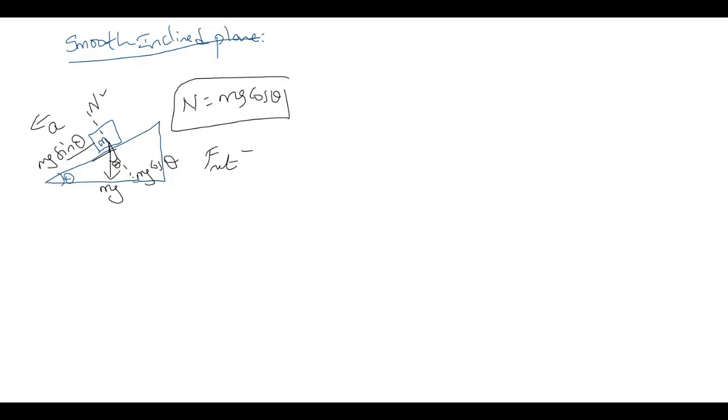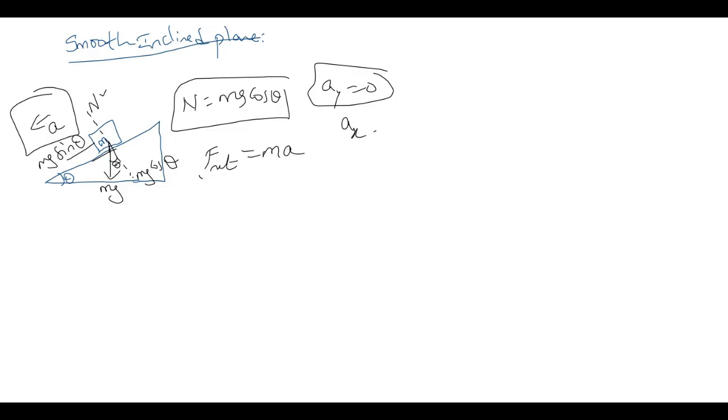What will become the net force? Net force is nothing but mass into acceleration. Here we don't have any acceleration along the y-axis, it is 0. So it will not move up and down. Only acceleration along the x-axis. Clear?